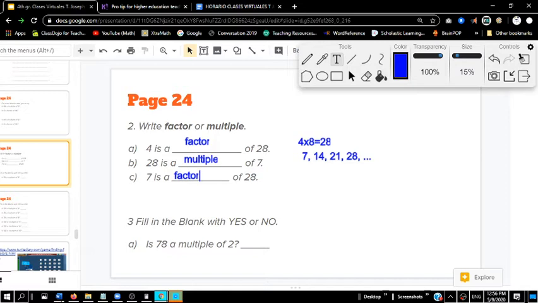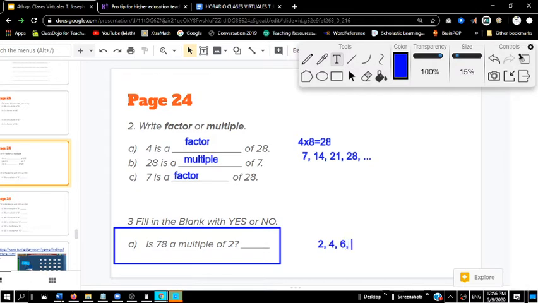The next exercise says, fill in the blank with yes or no. Let's read the question. It says, is 78 a multiple of 2? Well, let's find out. If we count by 2, 2, 4, 6, 8, 10, 12, 14, will we eventually get to 78? Yes or no?